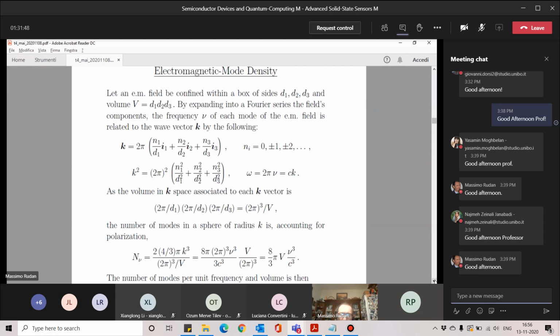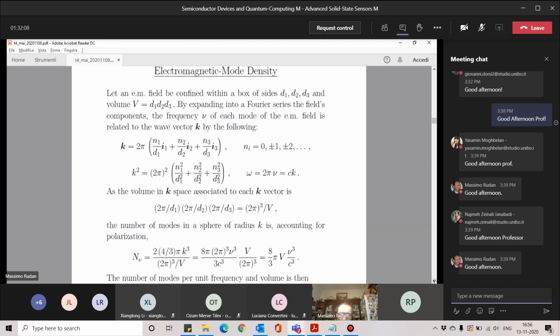Of course, the Fourier series will replicate the field outside the box, but we don't care because we are considering the field only inside the box, okay? And this is a calculation that is trivial, okay?